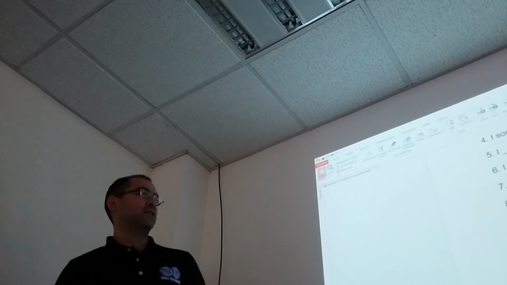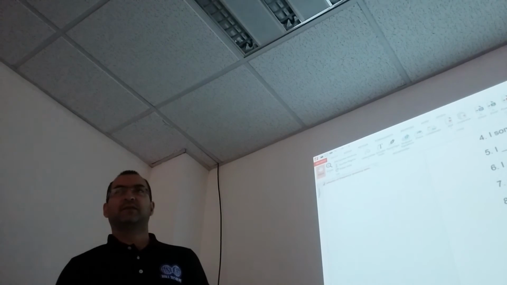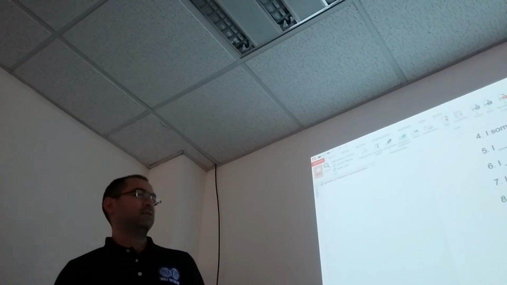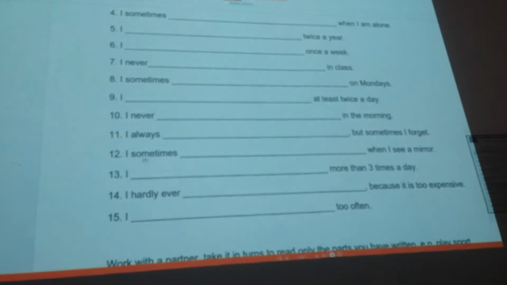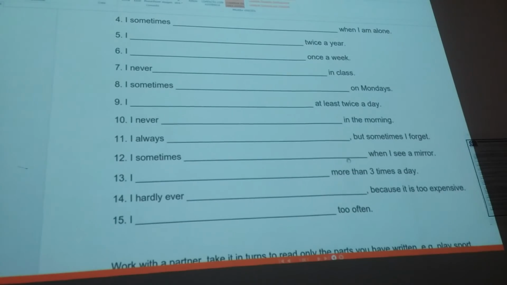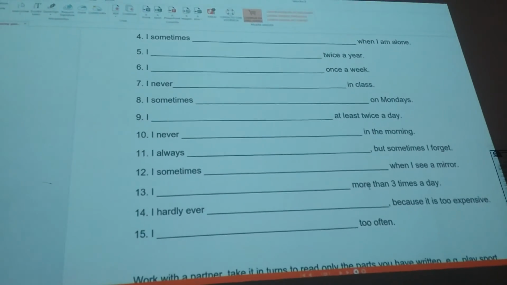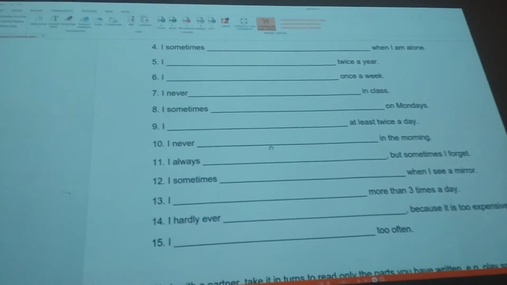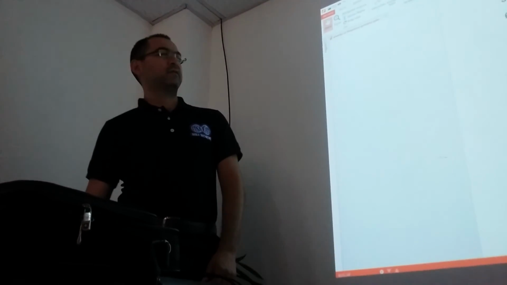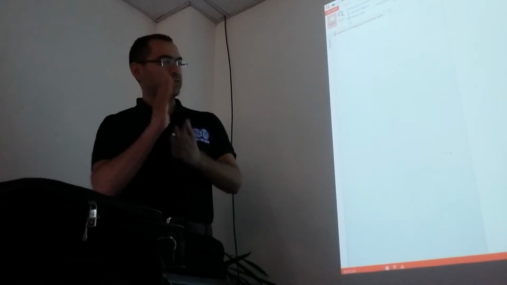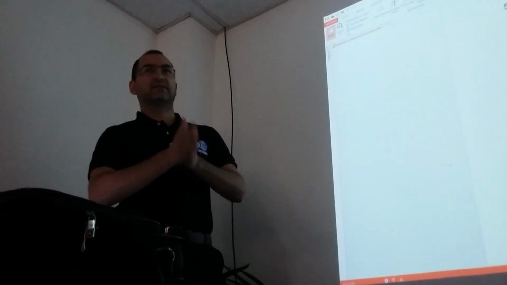For example, here you can say, I sometimes forget, right? It's because sometimes is considered a frequency expression too. So you can use sometimes at the beginning or at the end, but only sometimes, right? That's the only one. The others, no. For the others, it has to be always the same.